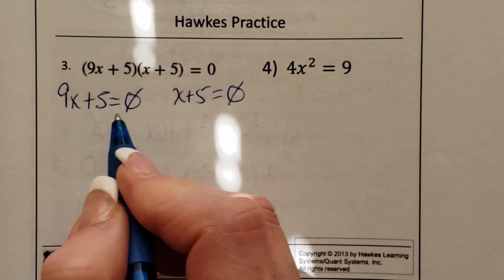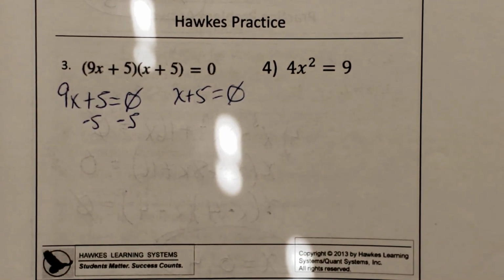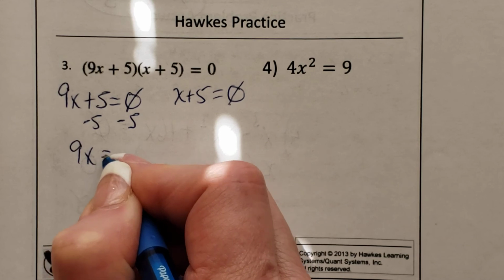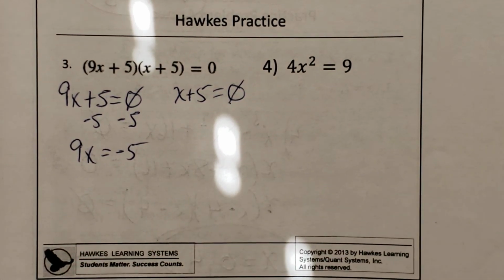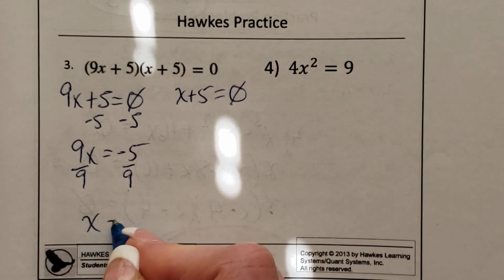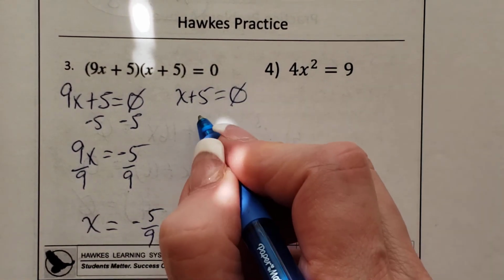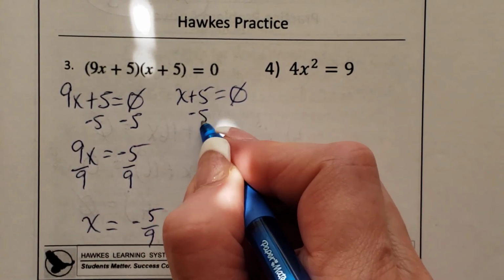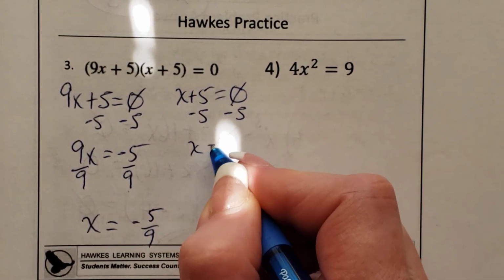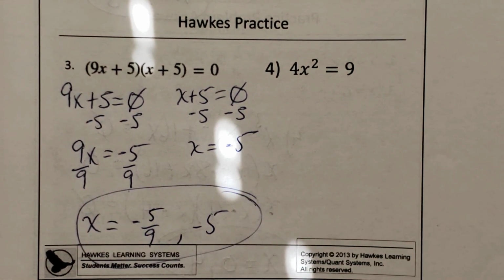To get x by itself, I subtract 5 from both sides. So I'd have 9x equals negative 5. Then I'm going to divide both sides by 9. So x is equal to negative 5/9. Also, I took this parenthesis, set it equal to 0. x is equal to negative 5. So my two answers are negative 5/9 and negative 5.